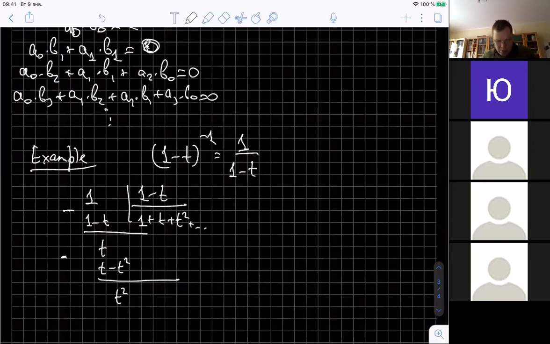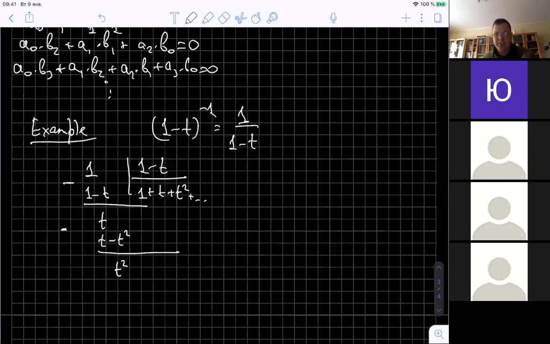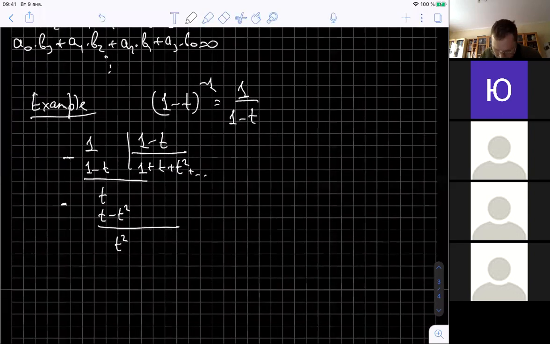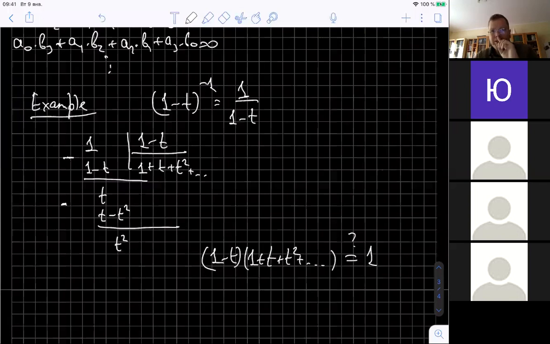If you look closely, you see that each coefficient is equal to 1. So is it true that if I take 1 minus t and multiply it by 1 plus t plus t squared, etc., then it will be equal to 1? Is it true or no? Yes, sir.